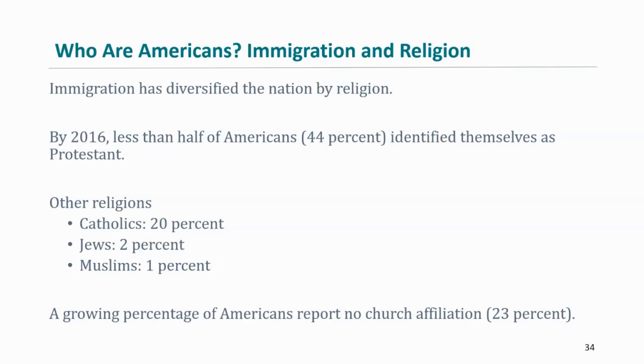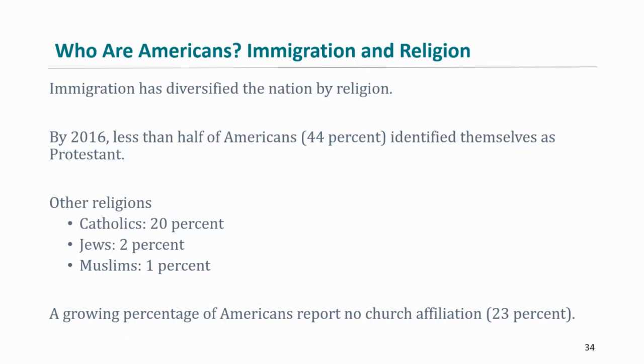So now, in terms of religious affiliation, Catholics make up 20%. We have 2% of the Jewish faith, and the Muslim faith is 1%. But what's also interesting is the growing percentage of Americans who report no church affiliation. Within these numbers is also a growing number of atheism, the belief in no religion.